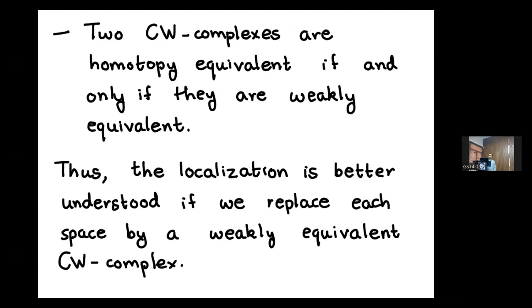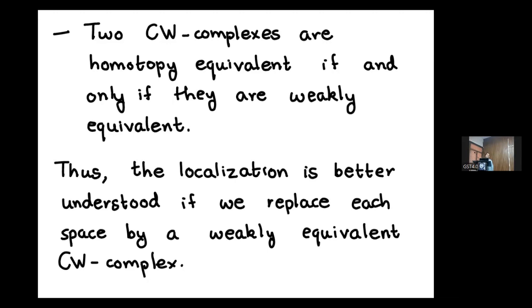So the upshot here is that localization is better understood if we replace each space by some weakly equivalent CW complex. What's going to happen is if you localize with respect to weak equivalences, then any space might as well be replaced by a CW complex. And then when you are studying what is happening to CW complexes, what you're doing is basically involving homotopy equivalences, which is what you wanted to do.